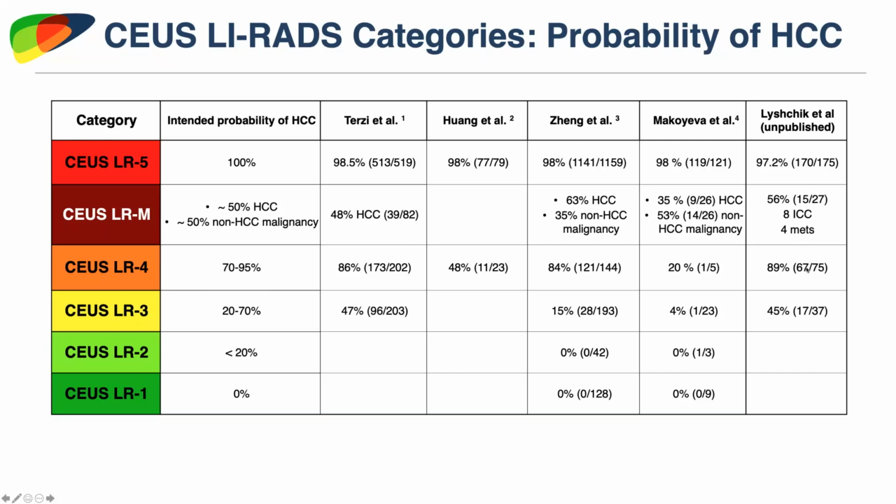LR4 observations in our series, 89% are HCC, and across several studies, about 50% of LR3 observations are HCC. So we're still waiting for enough data to fill in the LR2 and LR1 rows here, but keep in mind that we'll have a 2-year follow-up or biopsy or definitive multi-phase study follow-up for all of these observations, with final results expected in about 1.5 to 2 years.